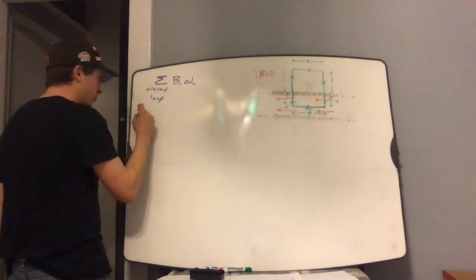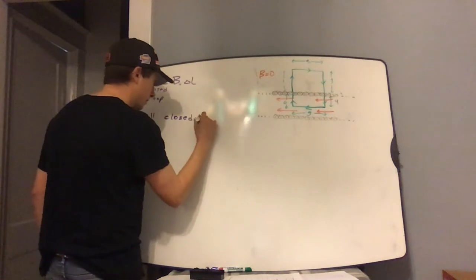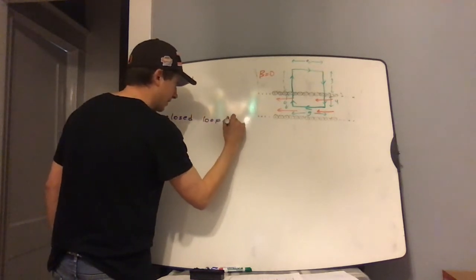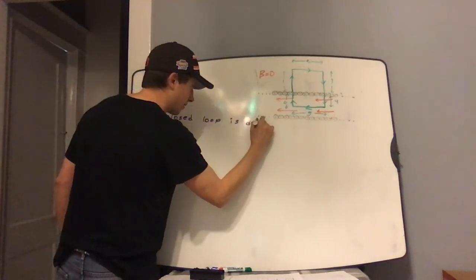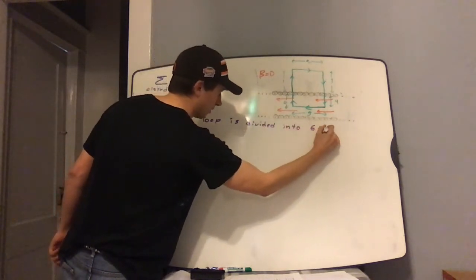So the full closed loop is divided into 6 parts.